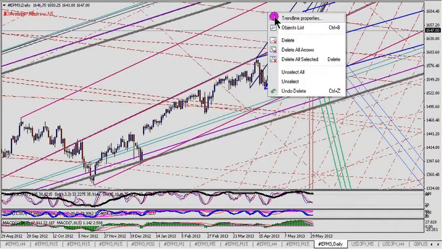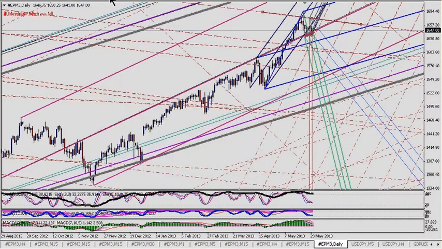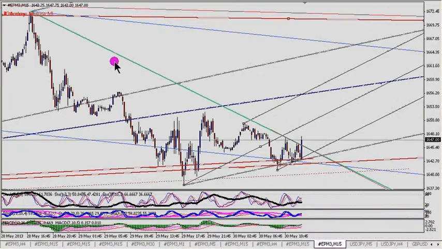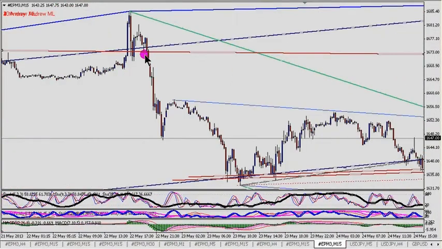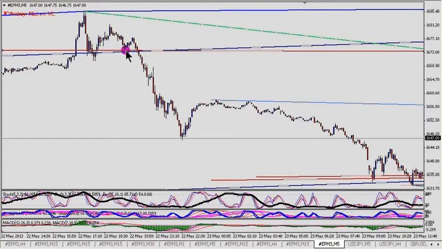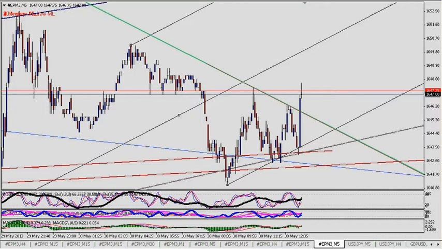So if we just show you this, let's do it in a slightly bolder color. There it is. Look at that, beautiful. And the one before, and you know it works because you can see it's bouncing off that line there. You can see the support and resistance offered.